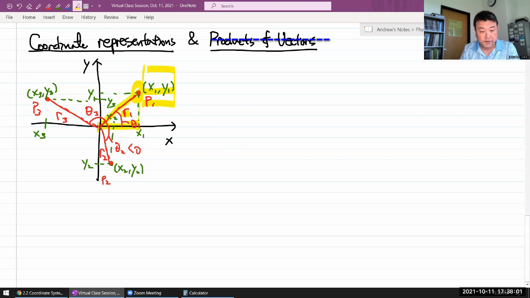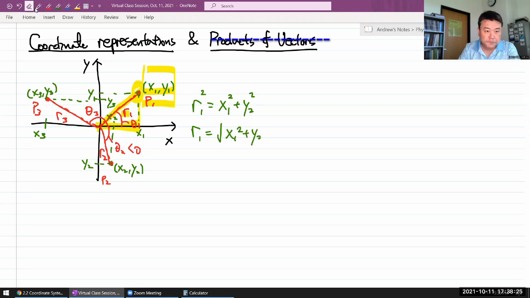This is a right triangle with the legs x1 and y1. So the hypotenuse squared is equal to the sum of the squares of the legs. Or if you're solving for r1, it'll be the square root of x1 squared plus y1 squared.